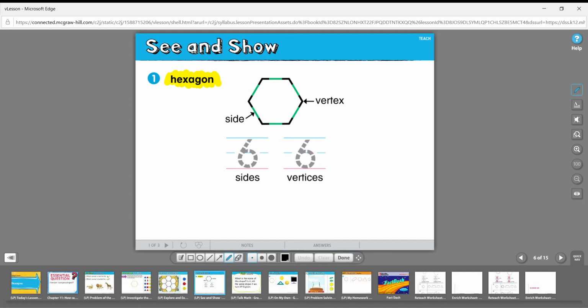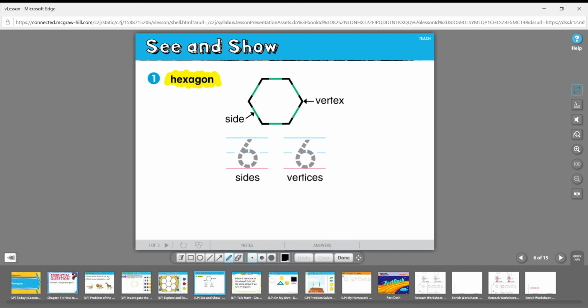Okay, so the hexagon, and it shows you the word side. 1, 2, 3, 4, 5, 6 sides, and the word vertex. Vertices is the plural of vertex. The vertex is where the sides meet, a little point there.